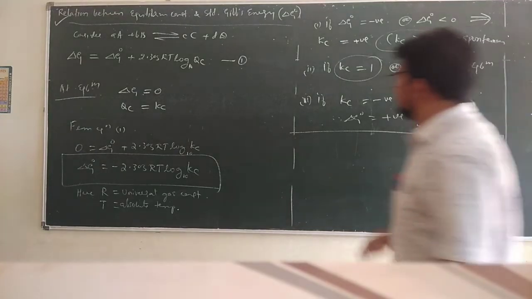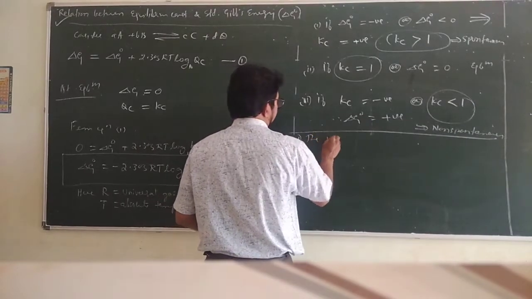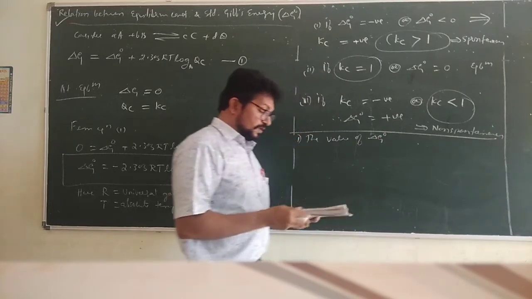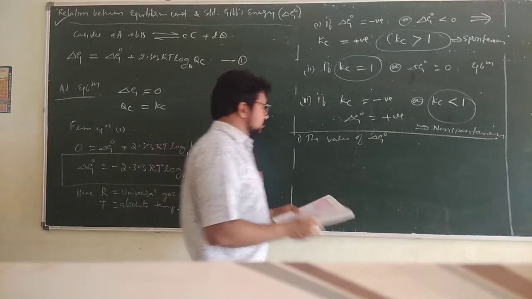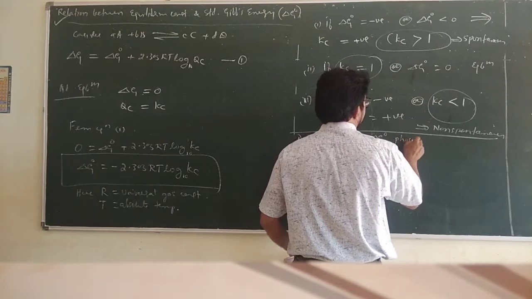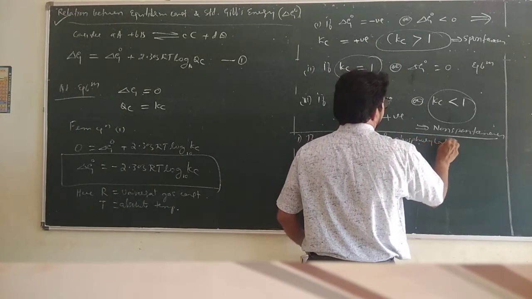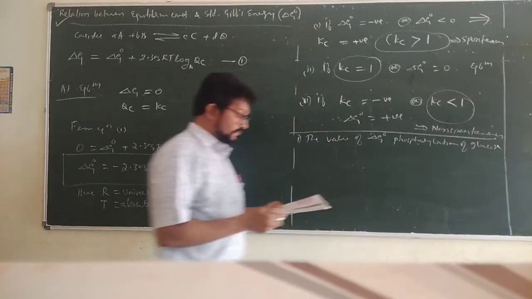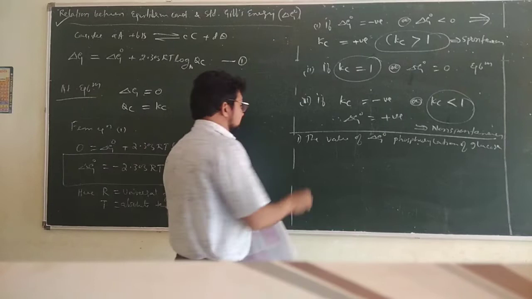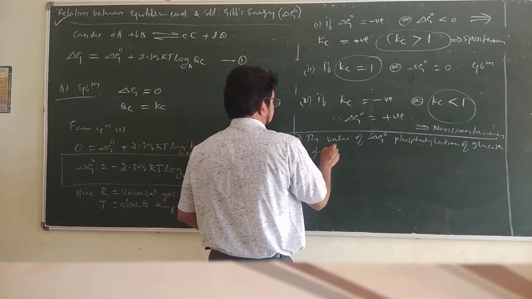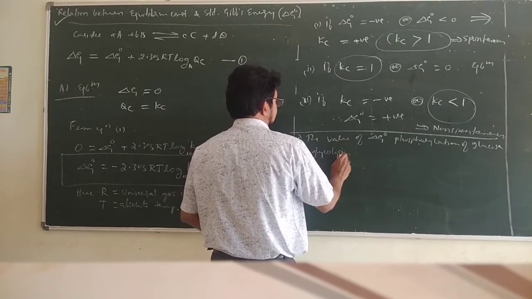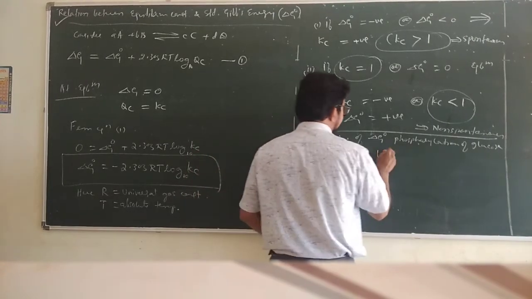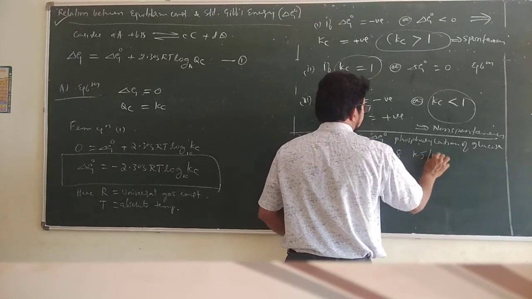The value of delta G naught for the phosphorylation of glucose in the body, in glycolysis, is 13.8 kilojoule per mole.